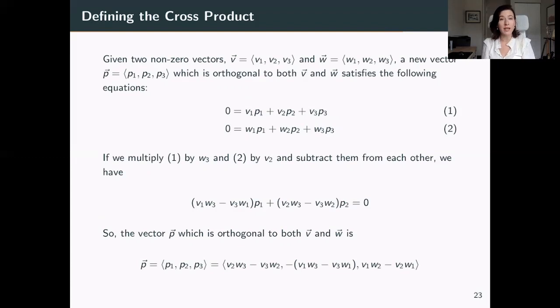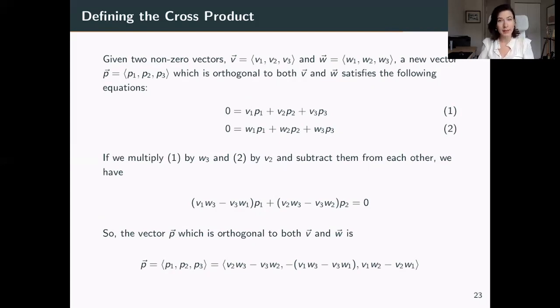Recall that our goal is to find a vector p which is orthogonal to two non-zero vectors, v and w. Also recall that the dot product of two vectors is equal to 0 if those two vectors are orthogonal.